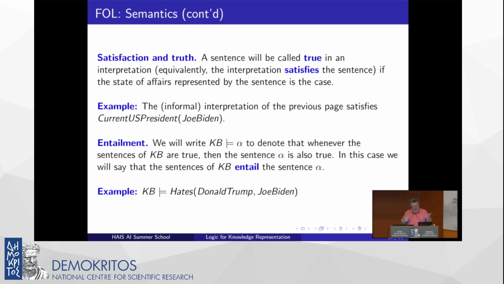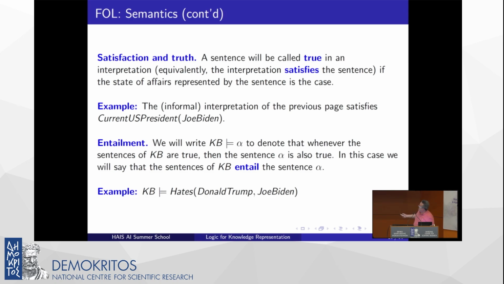I think this will change pretty soon, right? And then what is entailment? We write, if KB is a set of formulas, we write KB entails alpha if for every interpretation that satisfies KB, this interpretation also satisfies alpha.